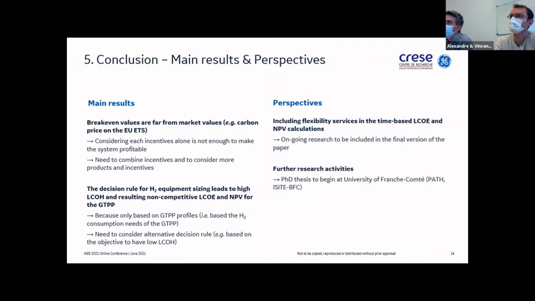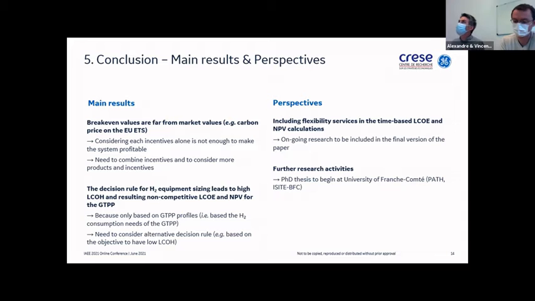And as explained by Alexandre, it is the consequence of the fact that the decision rules basically only rely on the gas power plant profile and on the hydrogen consumption that is needed for the gas power plant. So in order to improve that, an alternative would be to use other criteria for the decision rules, such as considering as an objective a low value for the LCOH, which in turn will translate into more competitive values for LCOE and NPV at the gas power plant level.